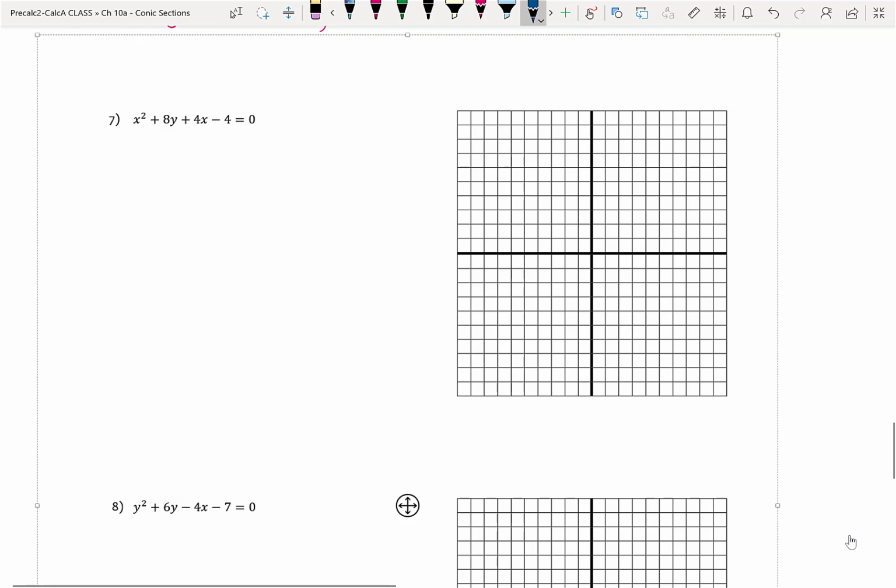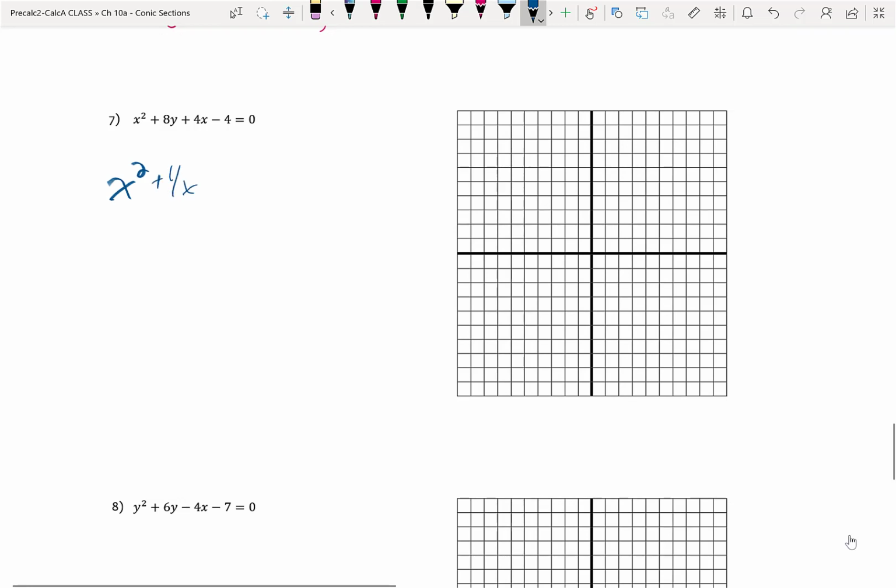Let's move the x squared to this side, x squared plus 4x. And I'm going to move all the other stuff to the other side, -8y plus 4. And to complete that square, I'm going to want to add a 4 to both sides, half the middle term, and then squared. So this is going to be plus 8 if I add the 4 to both sides.